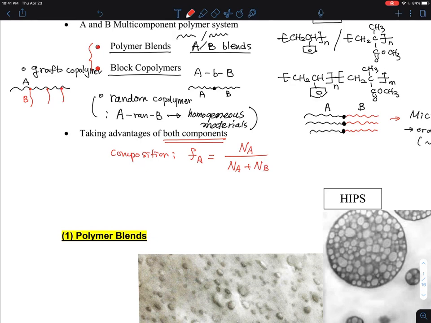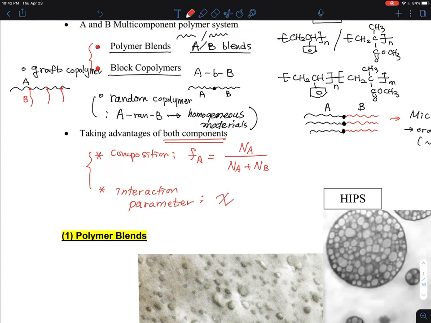That composition plays a role in defining the property of the material, and then what is called the interaction parameter, which we call chi.